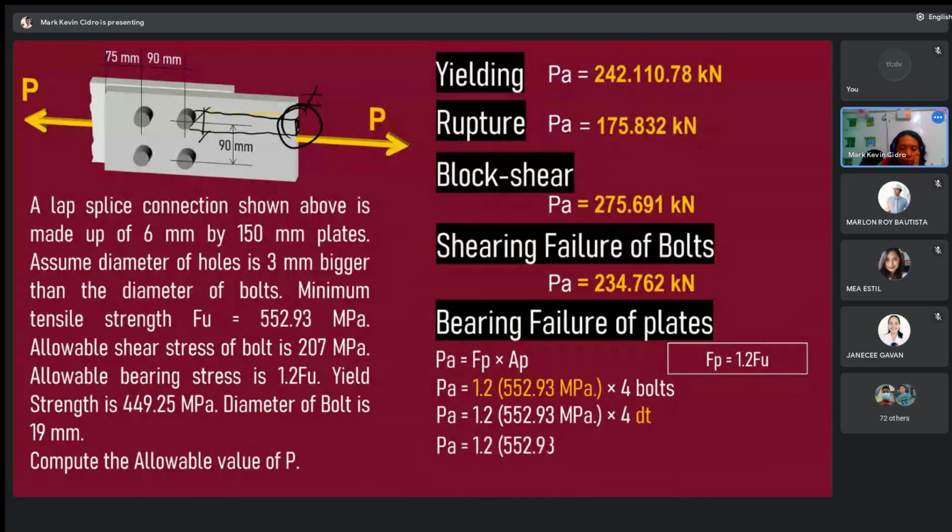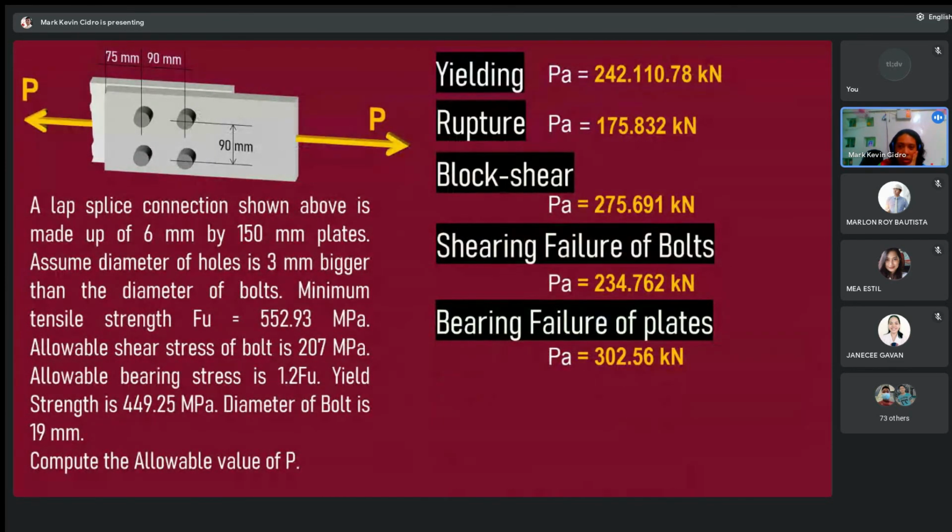And that would be 302,563.296 Newton, or 302.56 kilonewton. This is due to the bearing failure of plates. Any question? If that's the case, what would be your answer for the allowable value of T?